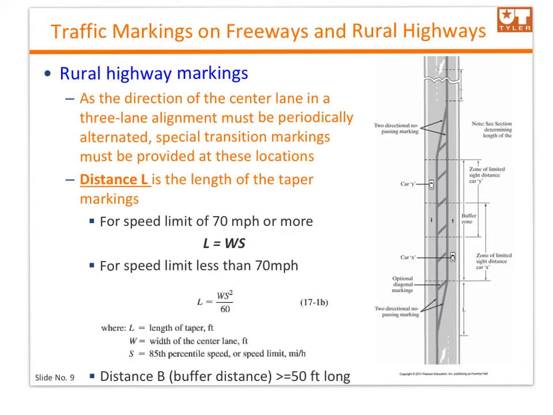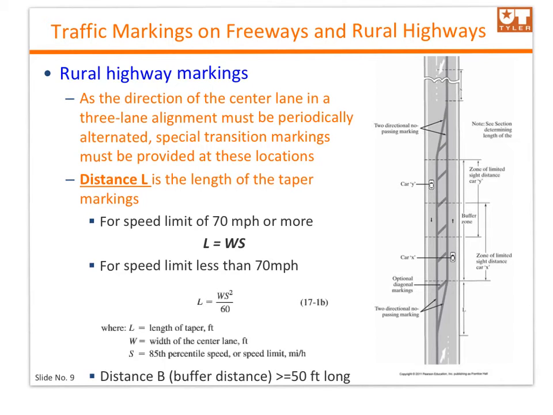This now becomes more of a design procedure rather than just recommendations when it comes to rural highway markings. As you could see here, the direction of the center lane in a 3-lane alignment must periodically alternate.